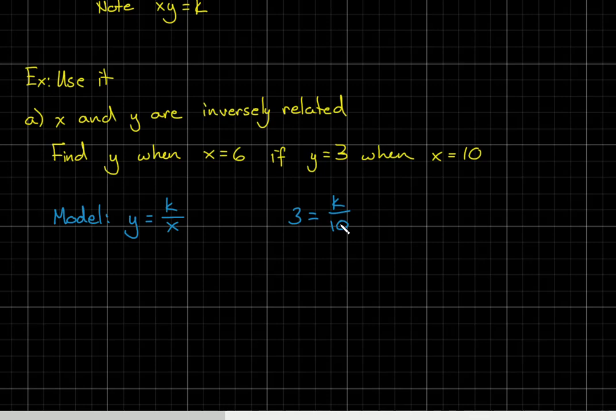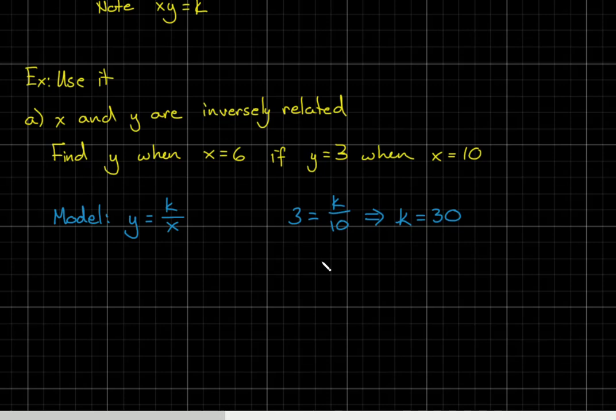30, and it's easy to solve for it. I could do the x times y part, or if I just plug in the information we're given, we can multiply both sides by 10 and notice that this implies k must be equal to 30. Once I have that k is 30, we have everything we need to find our other value.